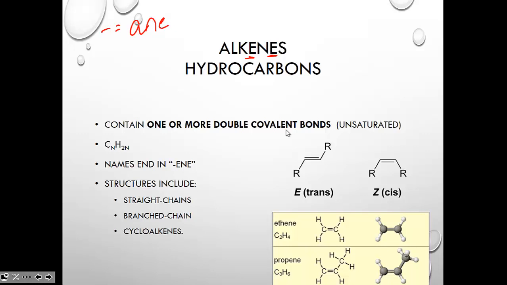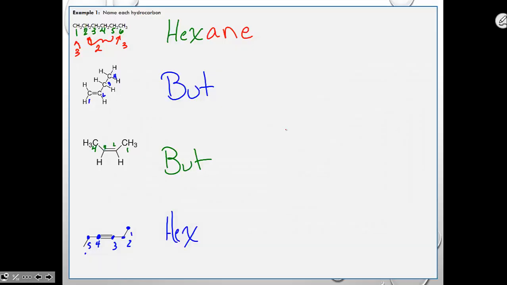So looking at example 1 again, example B and C both contain a double bond, so they would both be butene. However, the location of that double bond does make a difference. So we denote the location of that double bond by saying which carbon it starts from, providing the lowest number carbon possible.